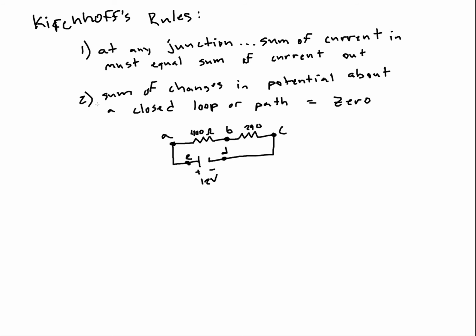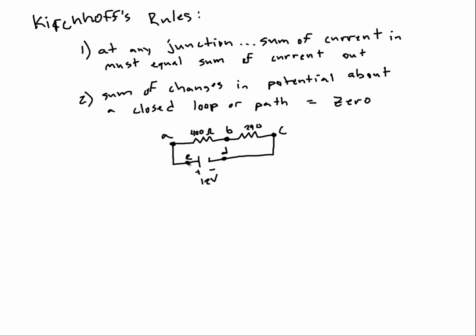Now, the other rule says the sum of changes in potential about a closed loop or path equals 0. Okay, so let's look at this simple circuit here. We've got 12 volts, and I've got various points along this circuit.